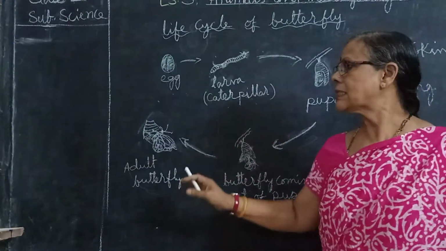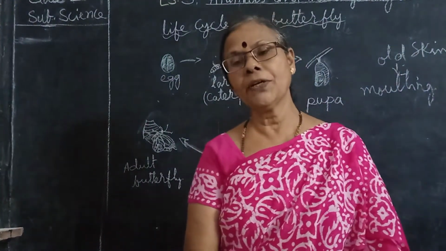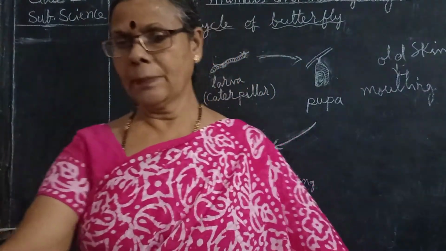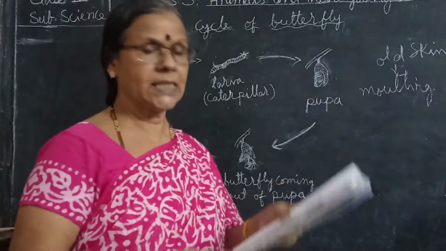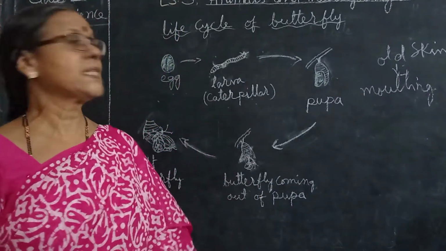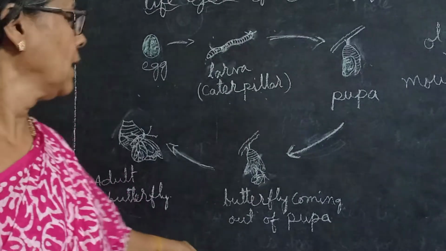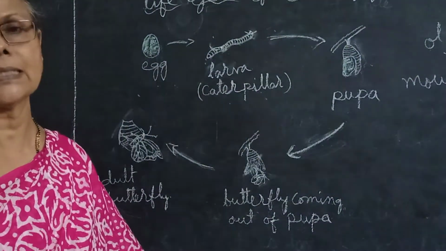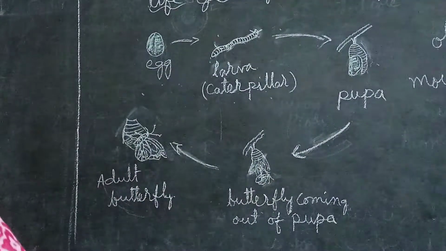Once again, you can see this diagram. I will show you in your textbook. Children, open your textbook. The page number is 207. You can observe and draw this diagram, and whatever diagram is in the textbook, you can draw that also. Both diagrams are correct.